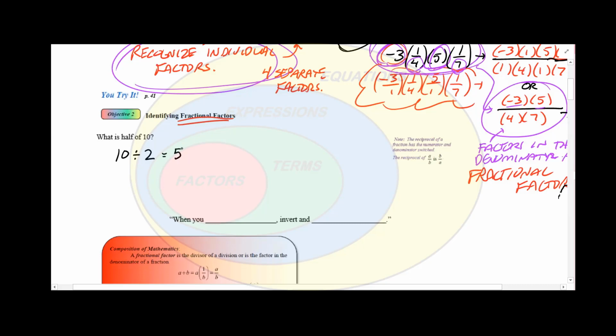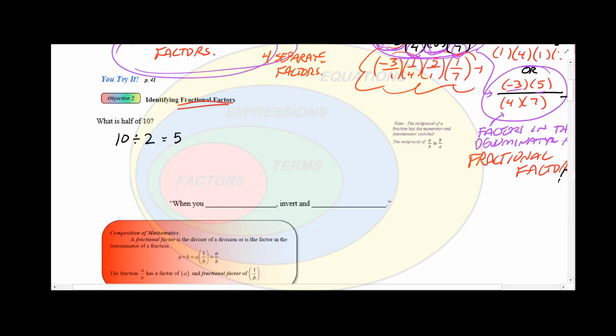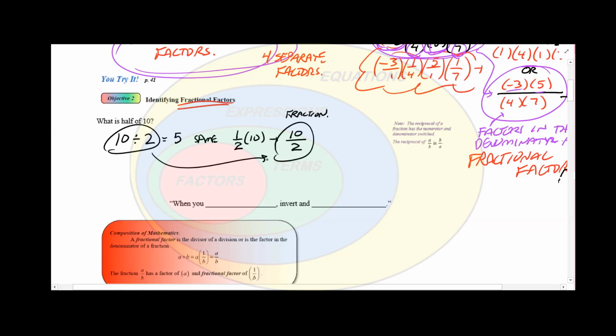Now, if you translate this, it's exactly the same thing as if you took 1/2 and multiplied it by 10. And this would give me 5, which is a fraction, right? And that's why when you see fractions, they basically represent division, correct? Yes.